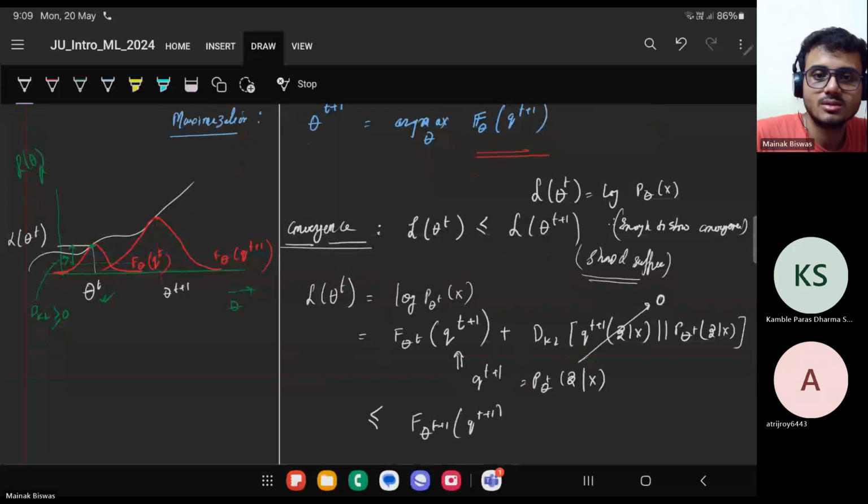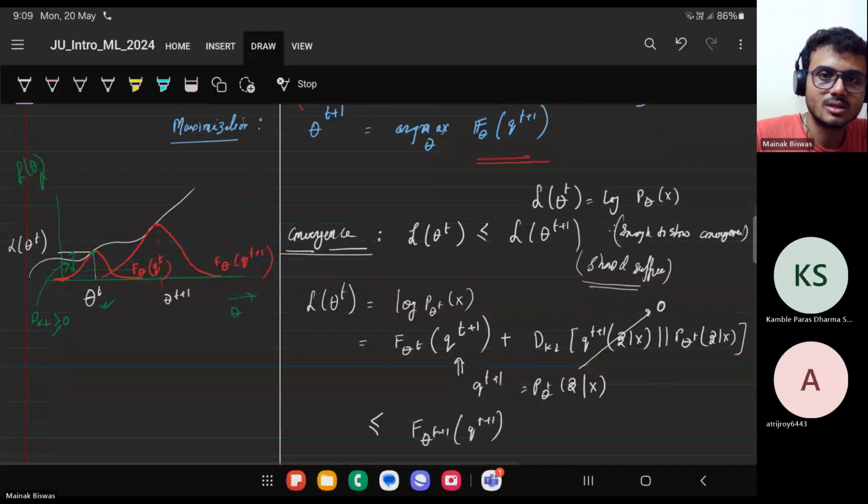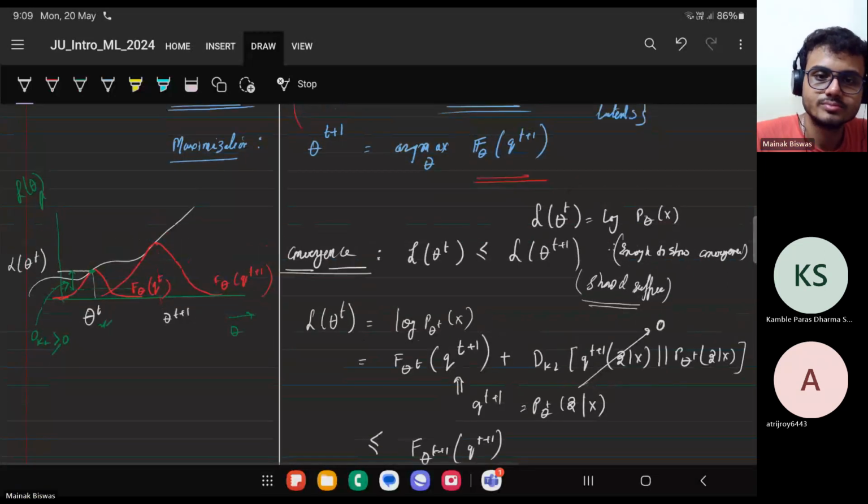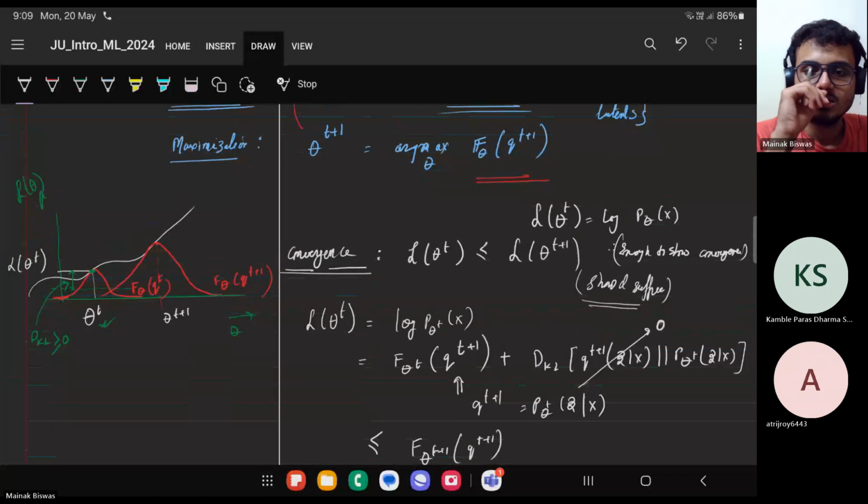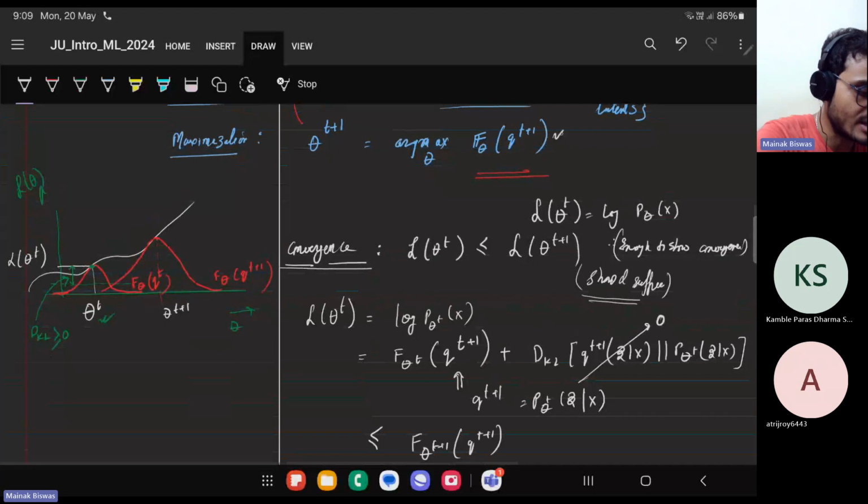Why? Can you tell me? See, the equation is there on the top in blue. Why is it true?